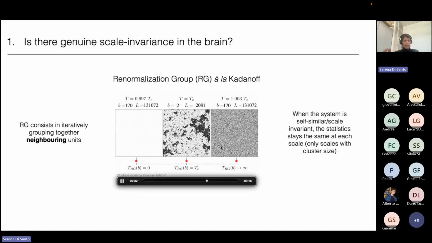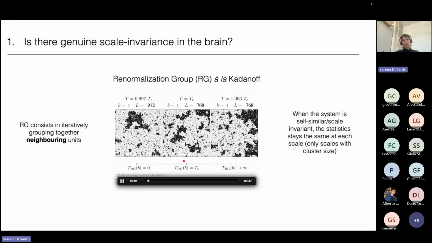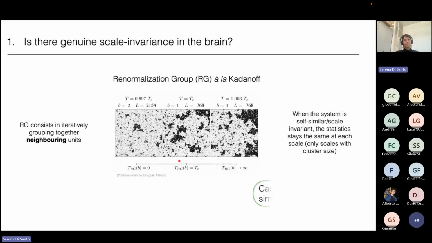They only depend on the cluster size, on the RG steps that one is taking. And in this visualization, which I think is very beautiful, one can see how this zooming out process is able to reveal genuine self-similarity as well as deviations from it.